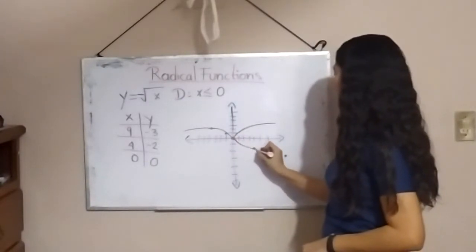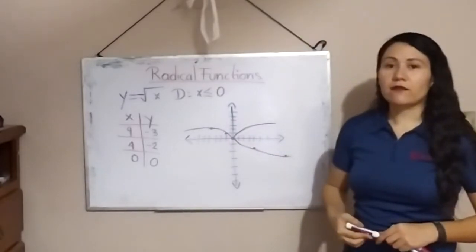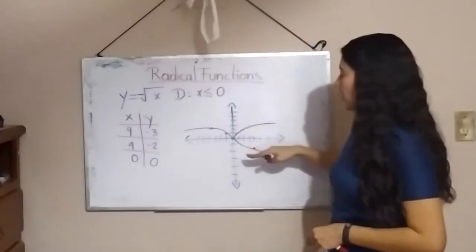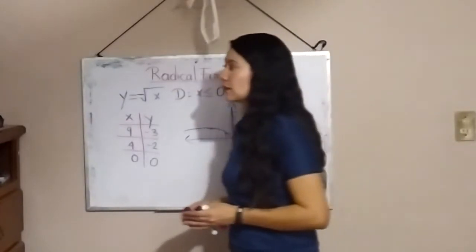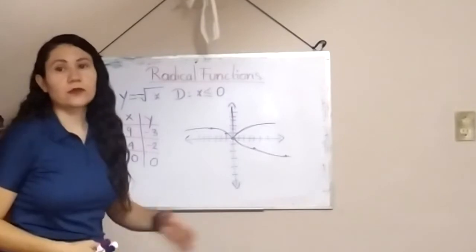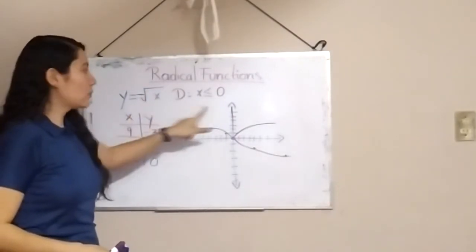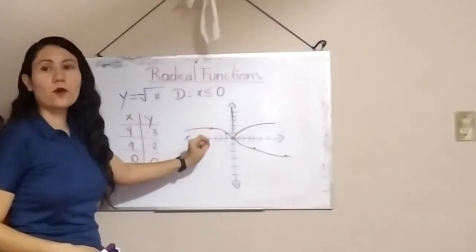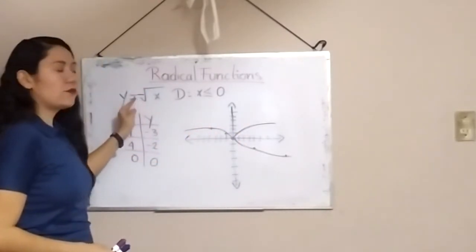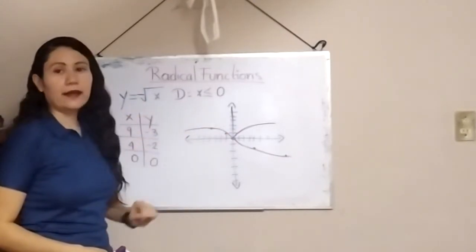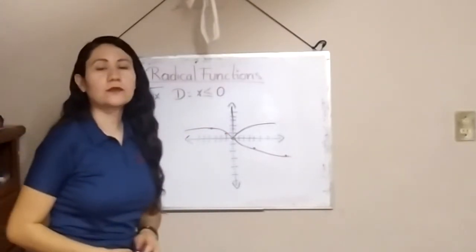And let's join the dots. And we have a reflection of the same graph, but this time on the x-axis. So, if we place the negative sign inside the radical, we're reflecting in the y-axis, but if we place the negative sign outside, we are reflecting on the x-axis.